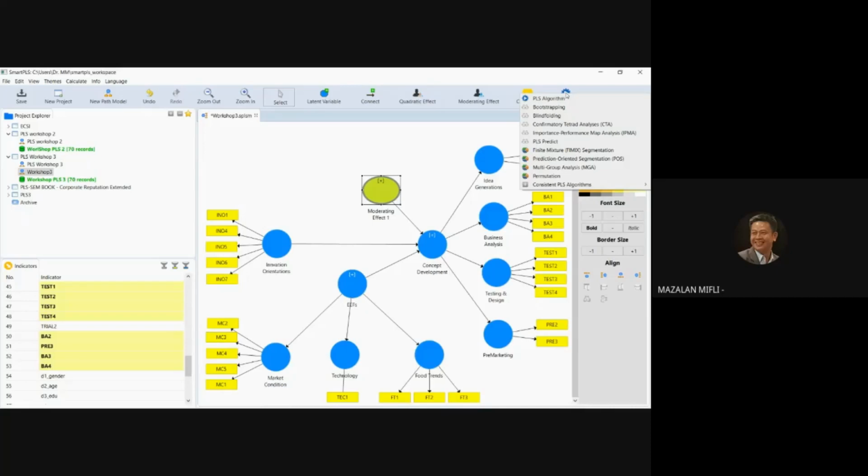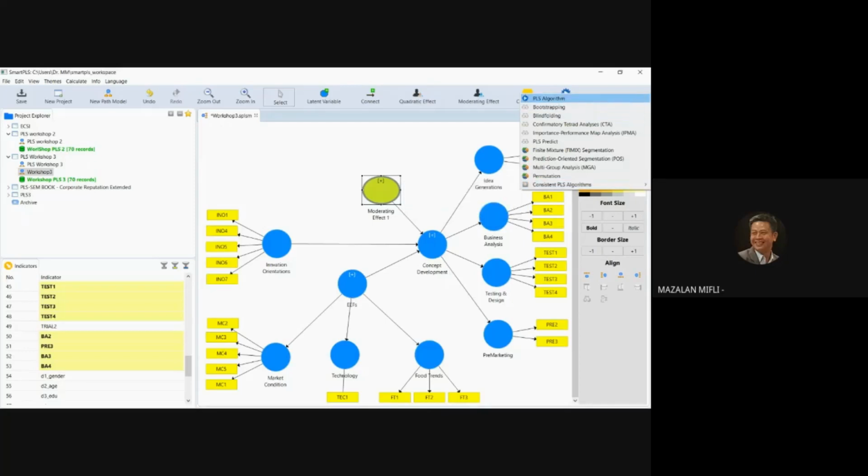If in your thesis you have inconsistent indicators, it is good to run the PLS algorithm. But if you have used a similar, same scale throughout, use the consistent PLS algorithm, and if it's reflective, use that one.